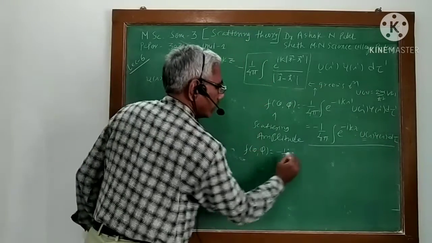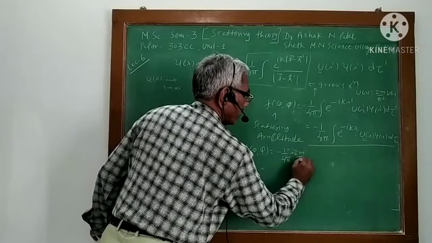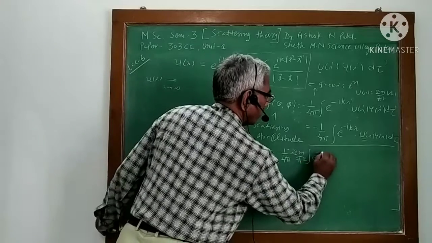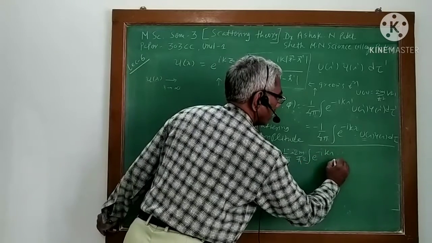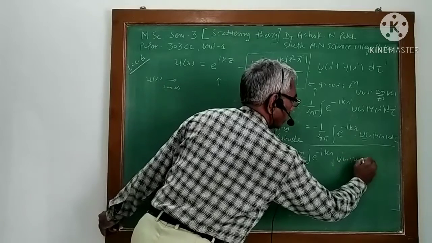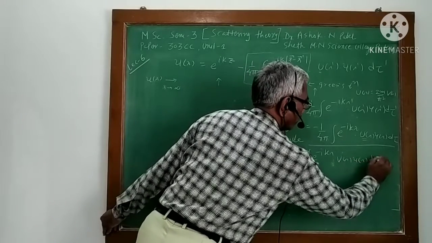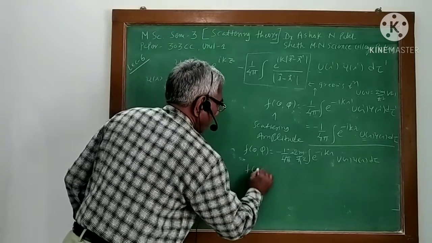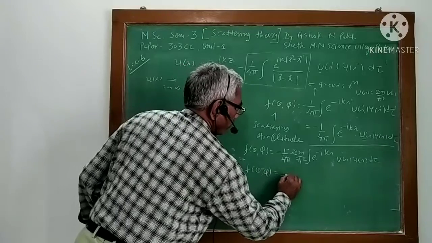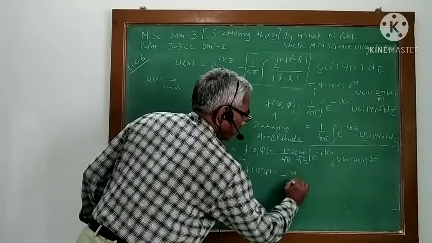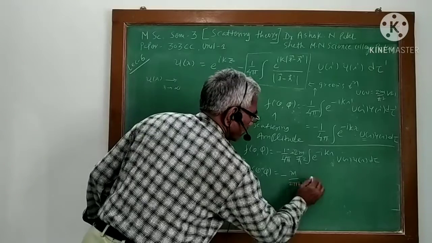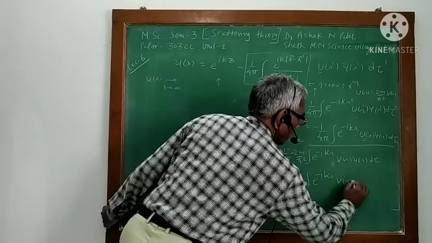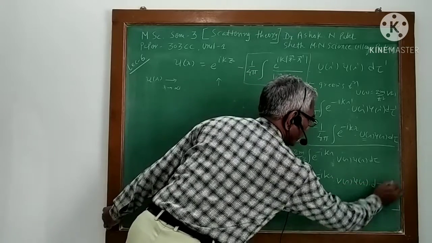This part will come out, so it is 2m by h cross square integral e^(minus i K R) into VR UR into d tau. If you simplify it, f theta phi is equal to minus m upon 2 pi h cross square integral e^(minus i K R) into VR UR into d tau.